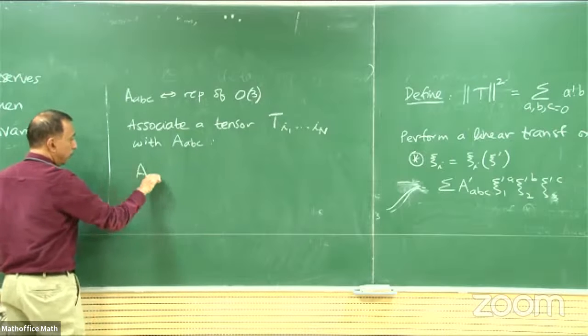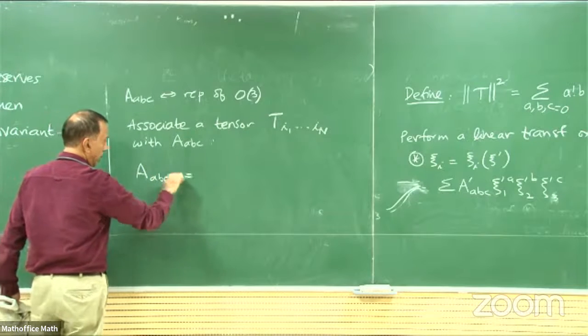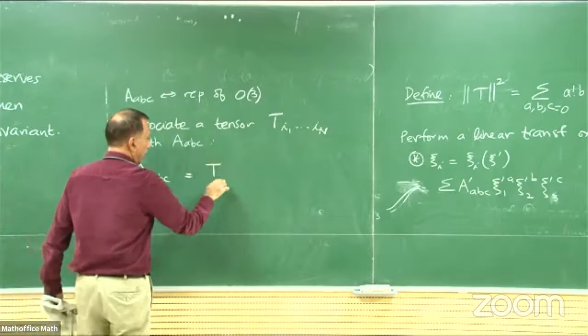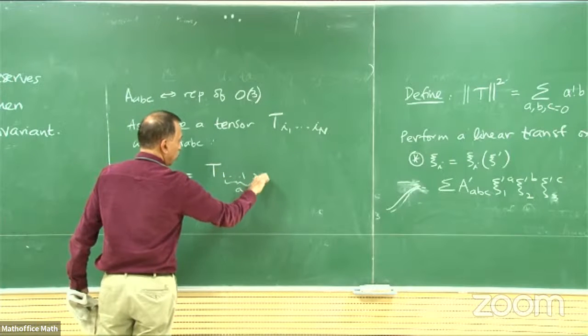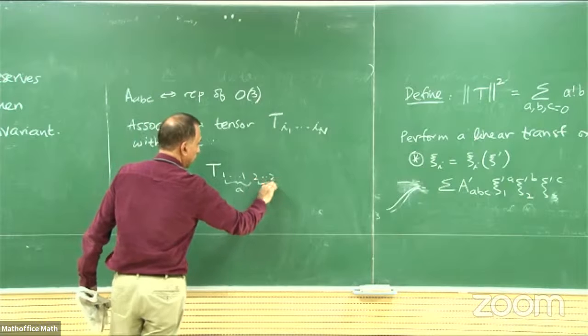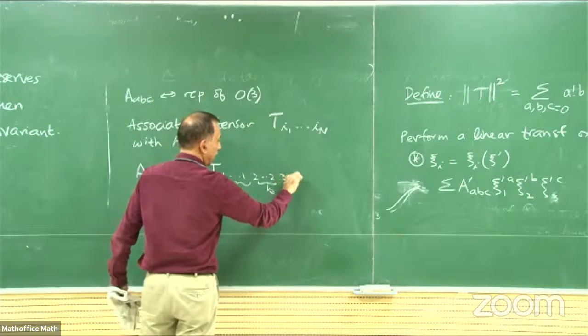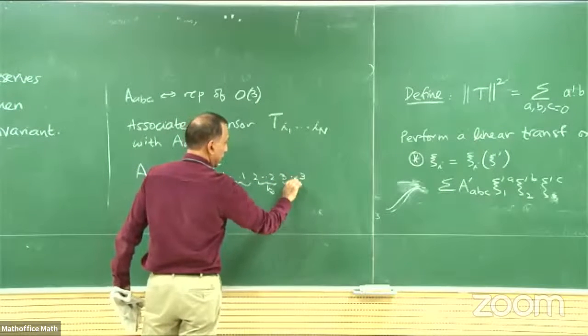So for given value of A, B, and C, we have T with 1 appearing A times, 2 appearing B times, and 3 appearing C times.